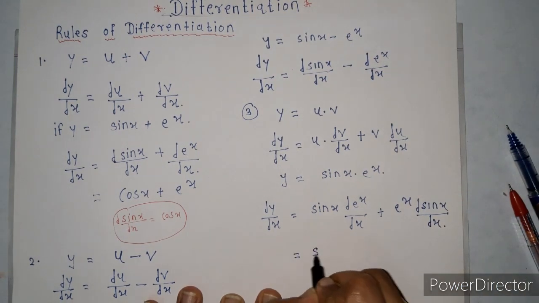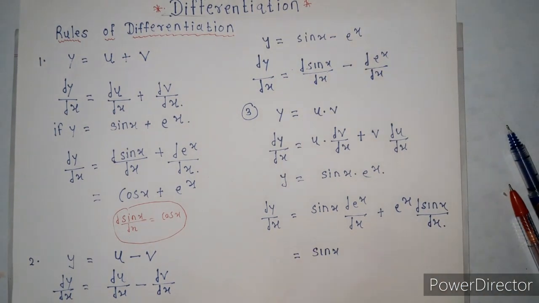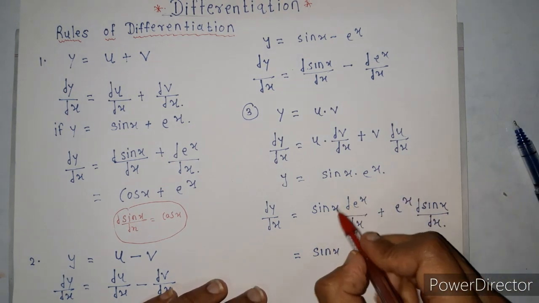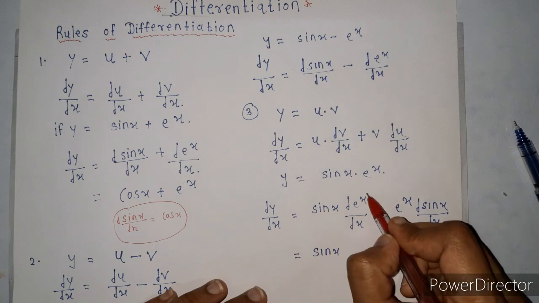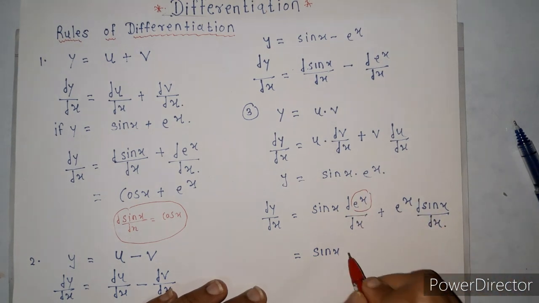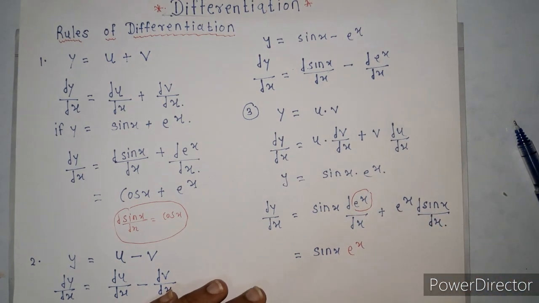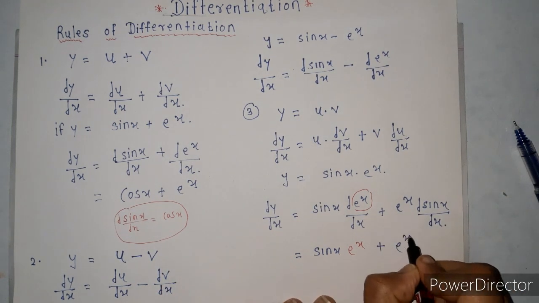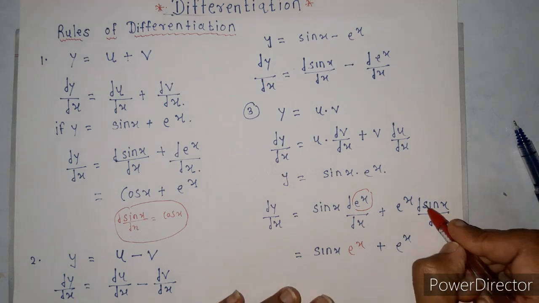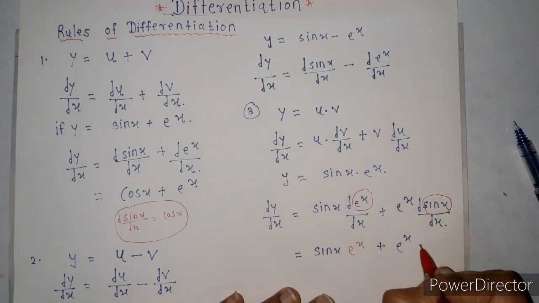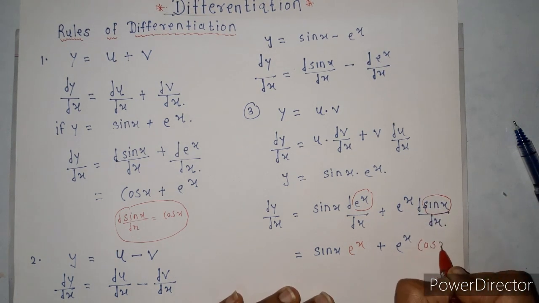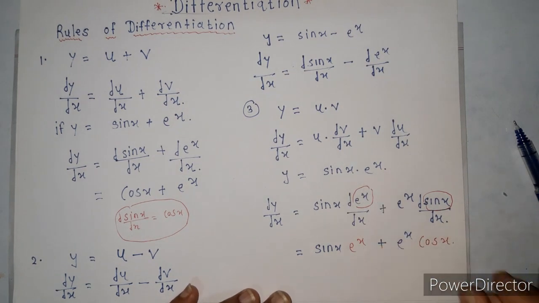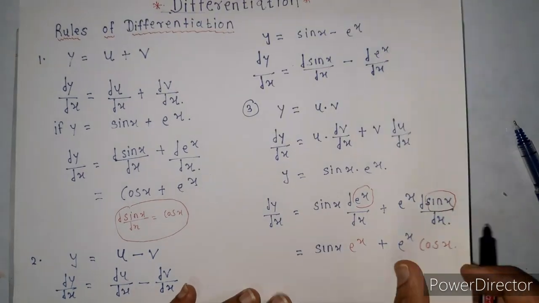We know the formula for the differentiation of sin x. Here sin x is constant, the differentiation of e raised to x is e raised to x, plus e raised to x is constant here, and the differentiation of sin x, we know the formula, is cos x. This is the differentiation of sin x into e raised to x.